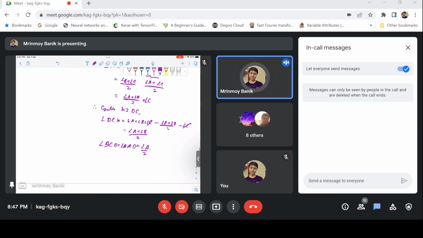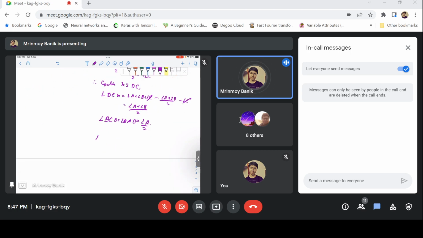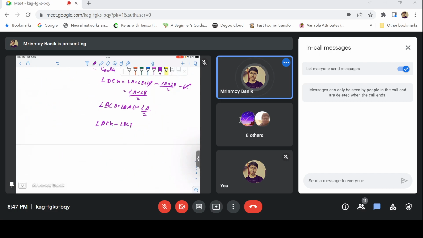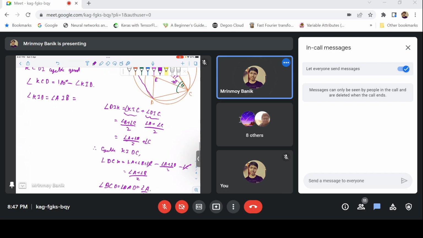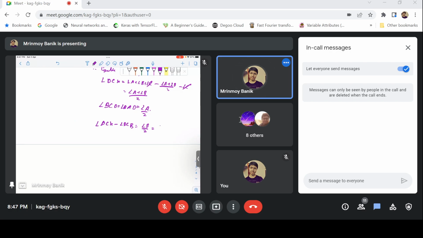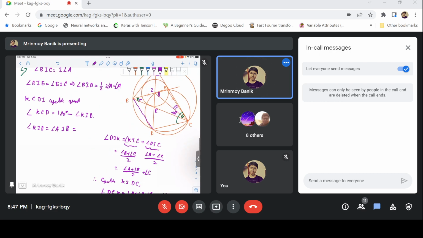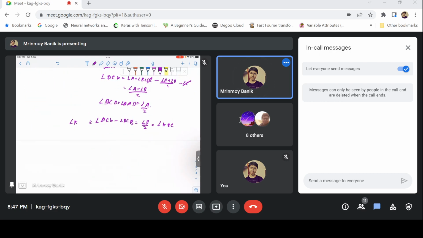So we get DCK minus DCB equals angle B by 2. That is KBC, and this is KCB. So that implies triangle BKC is isosceles.